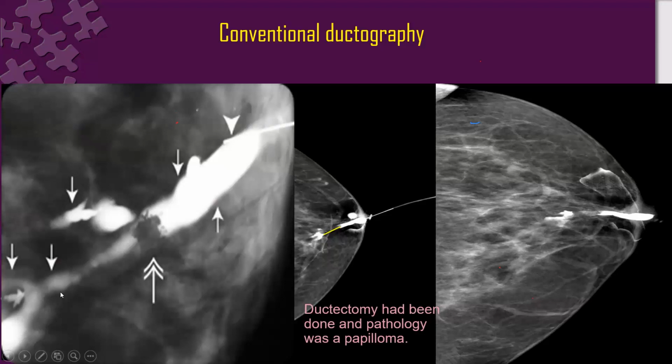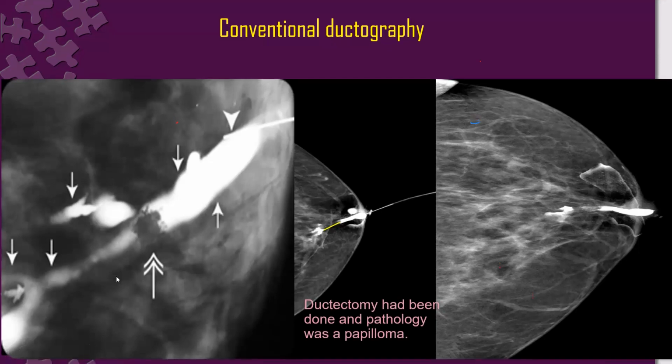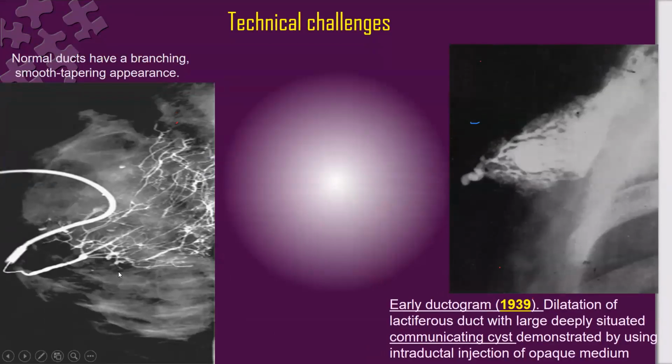You can compare it with these suspicious features, with dilated proximal duct due to irregular filling defects here, extending even beyond the walls, and distal to which the duct demonstrates a beaded appearance in suspicious findings.